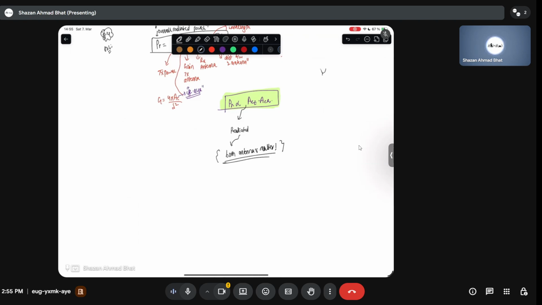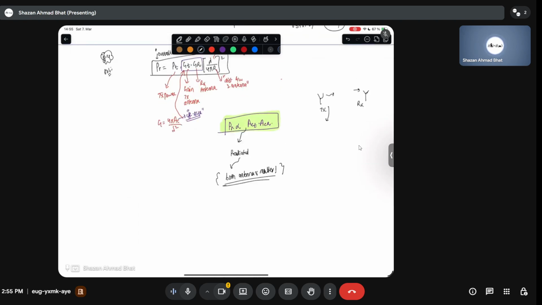It means that if you have this antenna transmitting certain power, and you have a receiving antenna, then the radiated power depends also on the effective area and the gain of the receiving antenna. It's as if how much it can basically accept.